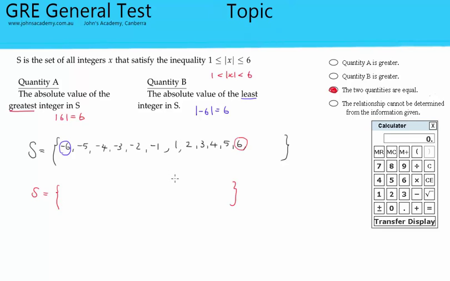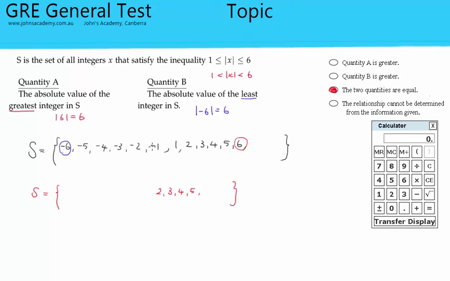So 1 is out. But 2 is okay, and 3 is okay, 4 and 5, but not 6, because if you put 6 into this absolute value function, you get absolute value of 6, but that is not less than 6, that is indeed equal to 6. 0, of course, as I explained before, is not a possibility.